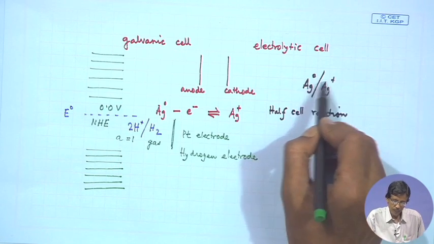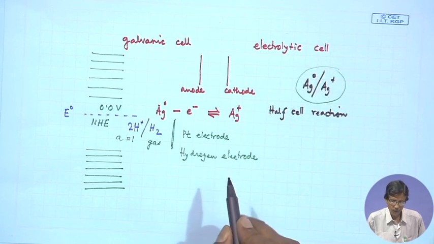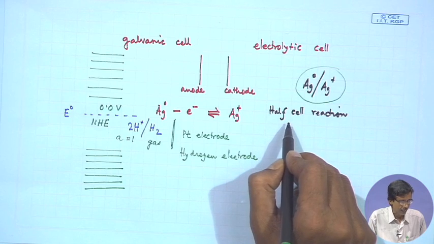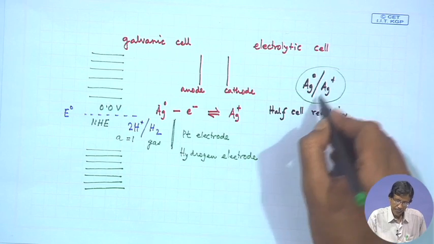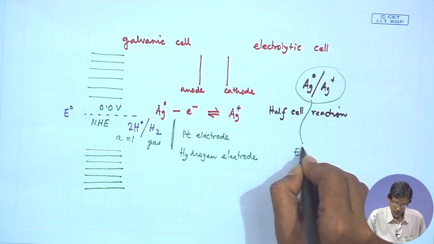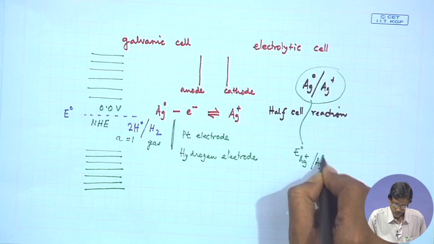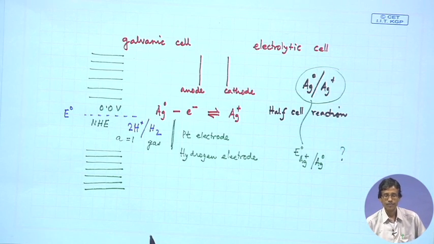So, if we consider a half cell reaction of Ag+ and Ag0, how do we get the corresponding standard electrode potential, that means the E0 value for Ag+/Ag0?